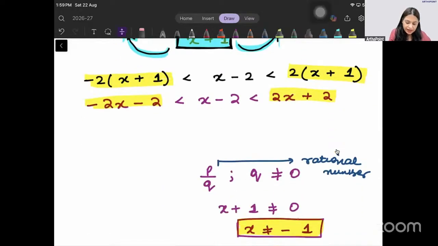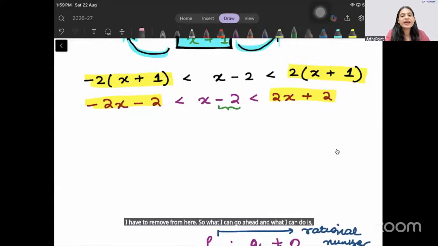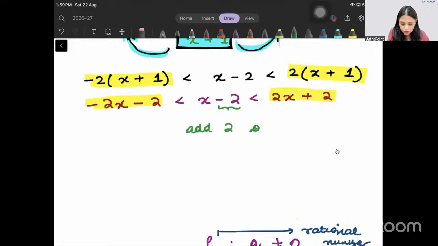अभी I have minus 2 here. मेरे पास यहाँ पे minus 2 है. इस minus 2 को I have to remove from here. So what I can do is I can add 2 on both sides.